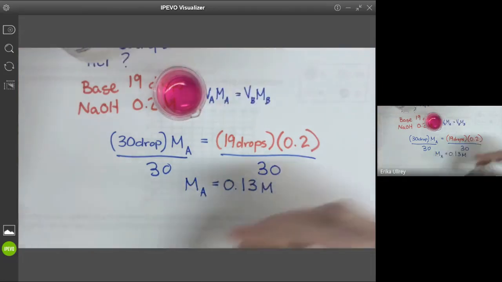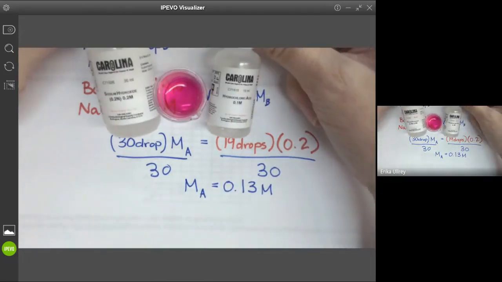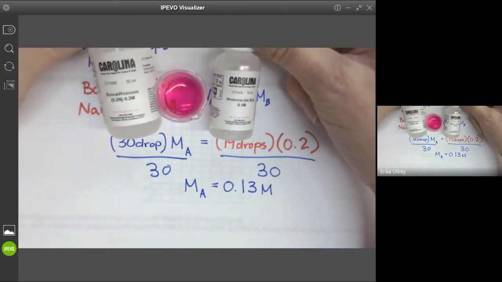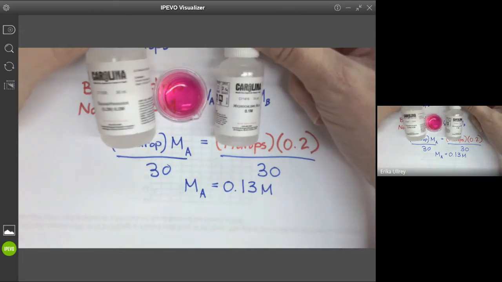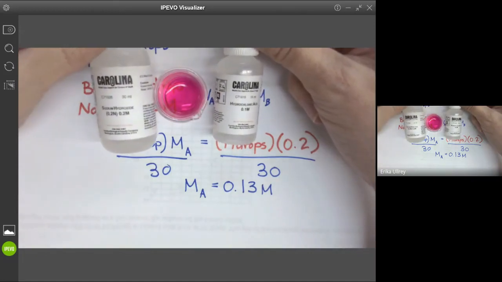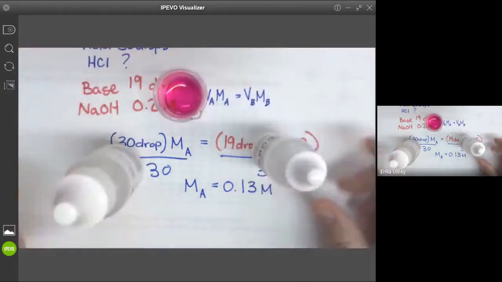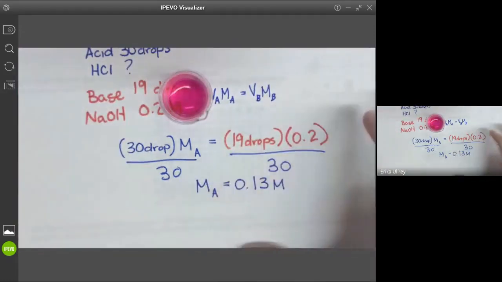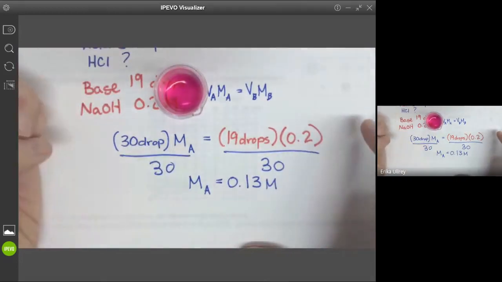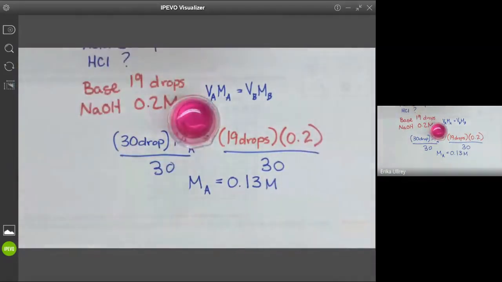And then we verified it and we could see that it was really about 0.1. Okay, so this is microscale. On larger scales, you can use what's called a burette to dispense the base into the acid or the acid into the base. But this was a real titration that was done right here. Okay, this would just be considered microscale. We're doing it on a small scale.